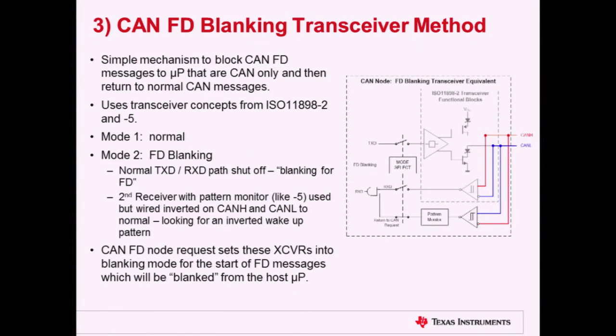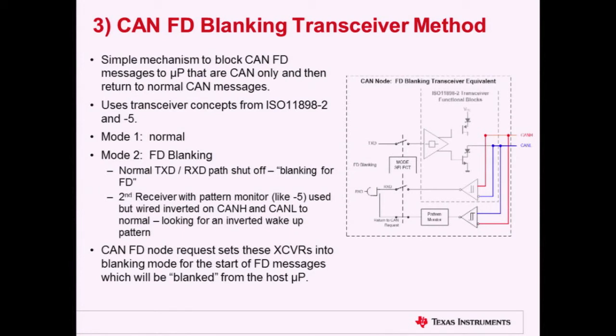So in the blanking mode, we block the TXD path out to the bus, and we also block the normal receive path in from the bus to the RxD pin, so that when the CAN FD nodes are talking CAN FD, none of their traffic will be seen by the CAN node as an error, and anything they do will not get onto the bus and disturb the CAN FD traffic.